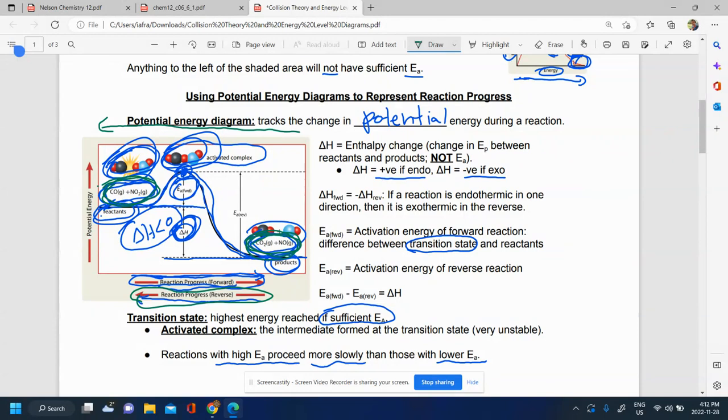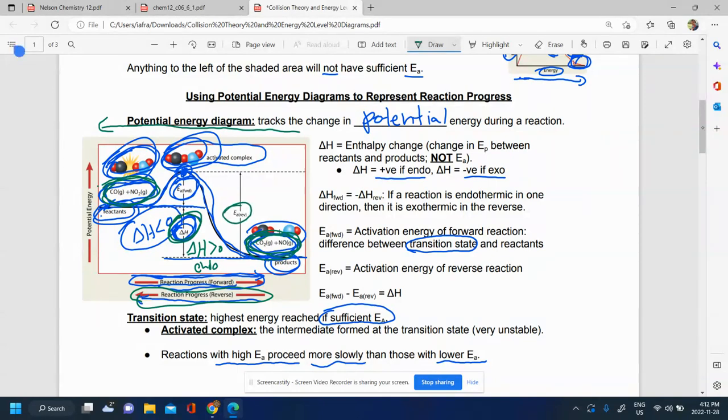So a couple things to notice. The delta H for the reverse reaction will essentially be the same thing as the forward, just with the sign changed. So if I was doing the reverse reaction, my delta H would be larger than 0, so endo as opposed to exo. Okay. But what is different is the EA of the reverse reaction.